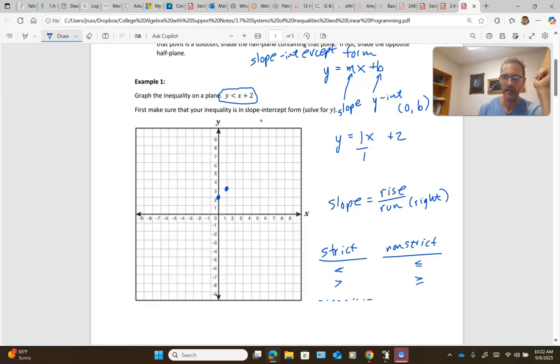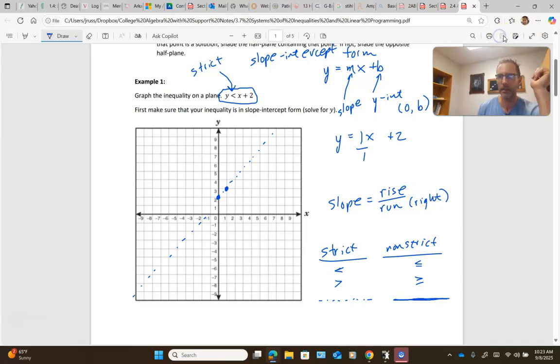And if it's a non-strict inequality, you get a solid line. You may be saying, oh, well, why? What's the difference there? Well, let me go ahead and draw this dashed line here, because this is a strict inequality, and we'll discuss why that is the case. I'm going to draw a dashed line just like that.